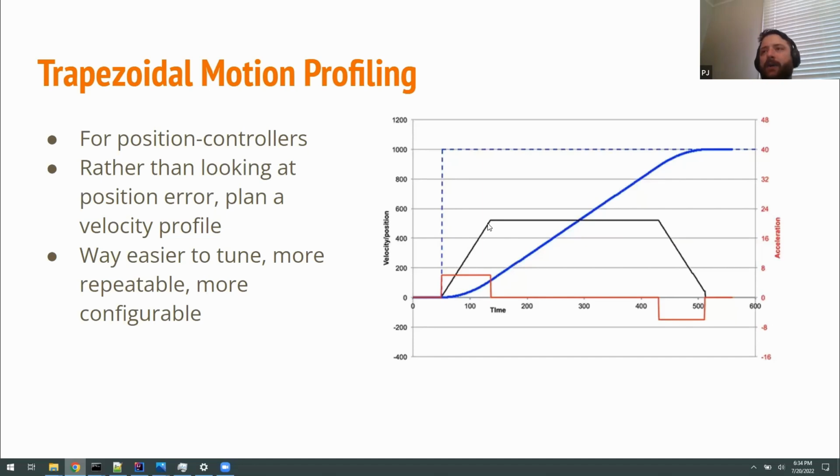Or maybe you are driving in snow and ice, and you want to be even more gentle than you were on your Sunday drive. So the slope of this line would decrease, and maybe it's so slippery out that you don't even get to the speed limit. So rather than looking like a trapezoid, it looks like a triangle. But the idea there is that you have control about how fast you get to the speed limit, right? So that's the first third of this chart.